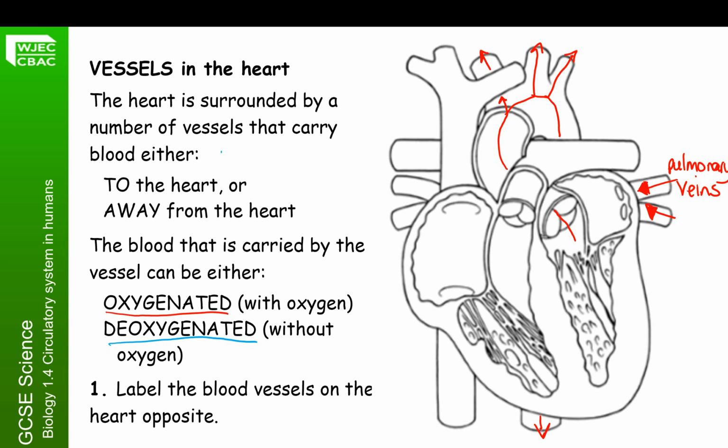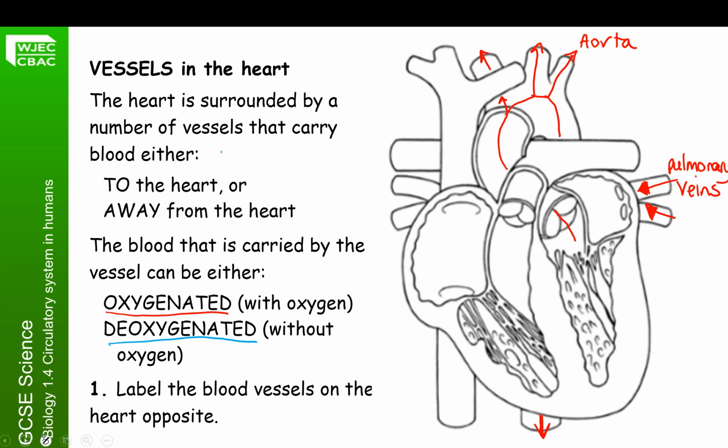Can you see it coming out the bottom there? This is the main artery that's going to deliver blood, okay, all around the body containing oxygen. And this is our aorta. So that's a pretty important blood vessel, okay?